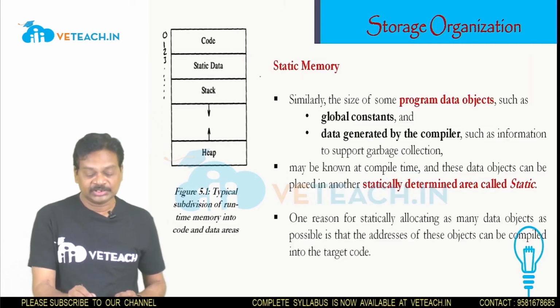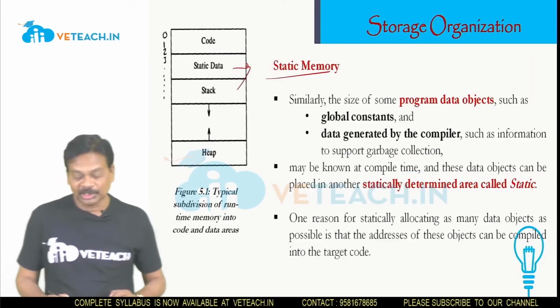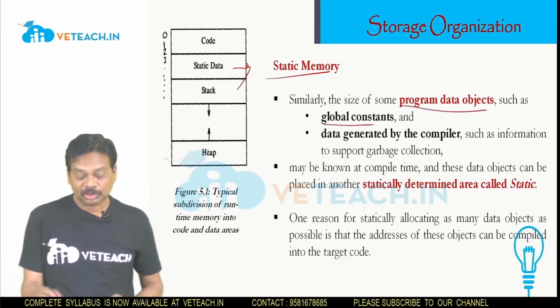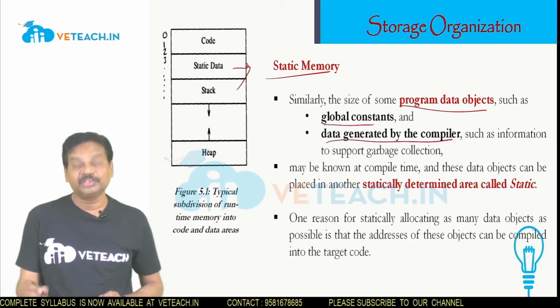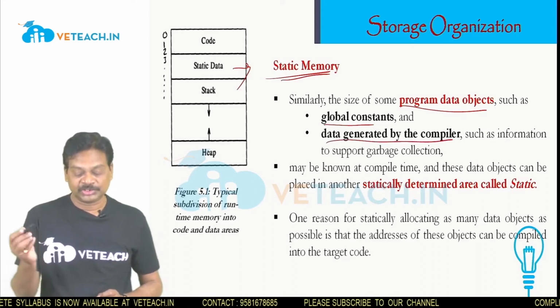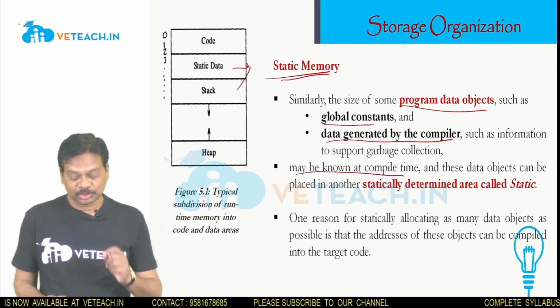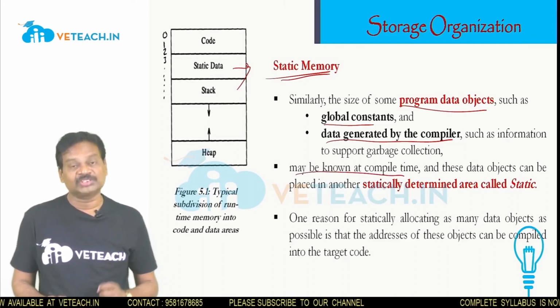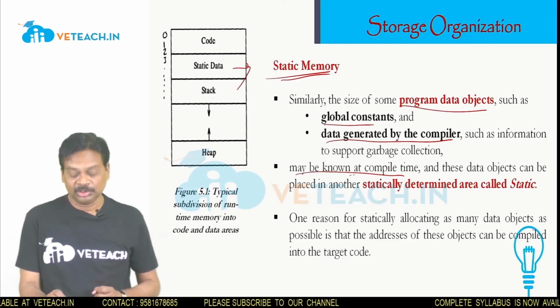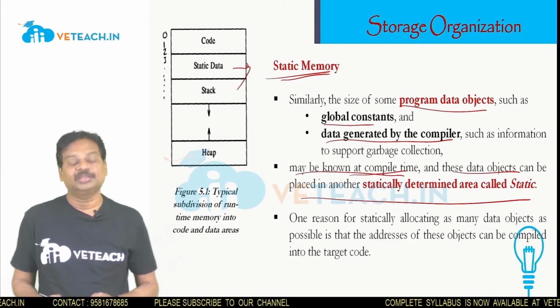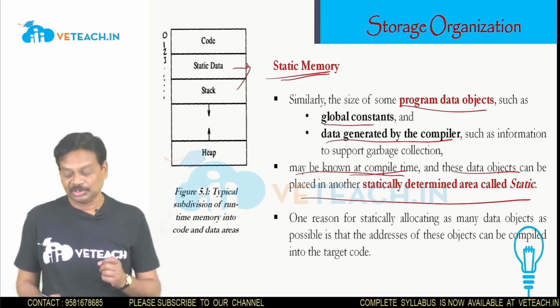Next is the static memory, that is the static data. Similarly, the size of program data objects such as global constants and data generated by the compiler is known at compile time, so they are stored in the static memory. The storage locations and the sizes of the registers are already known at compile time, and these objects can be placed in another statically determined area called the static area.